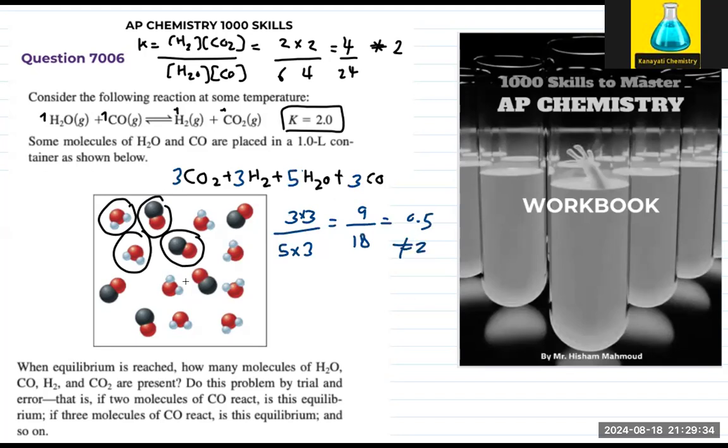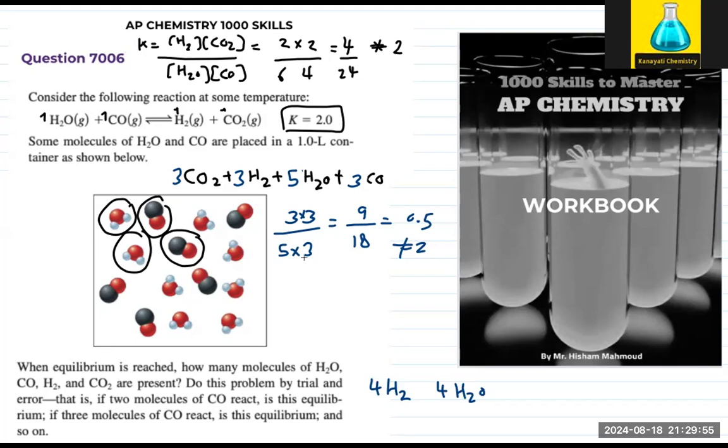What if I reacted 4 moles and 4 moles? If you reacted 4 moles, you will get also 4 moles of H2 and 4 moles of CO2. And what about the remaining quantities?